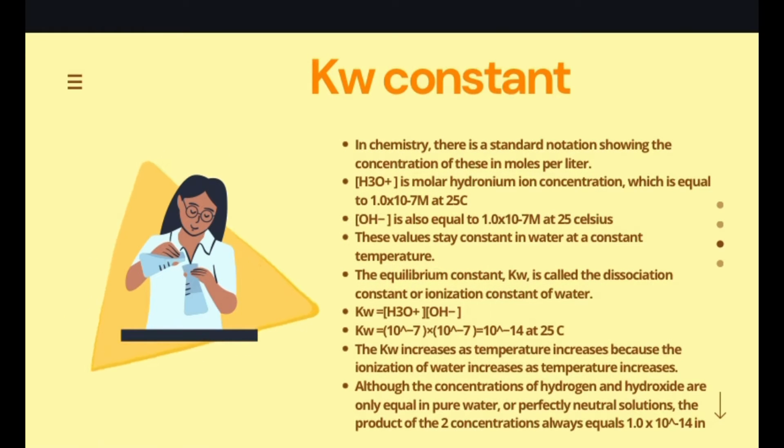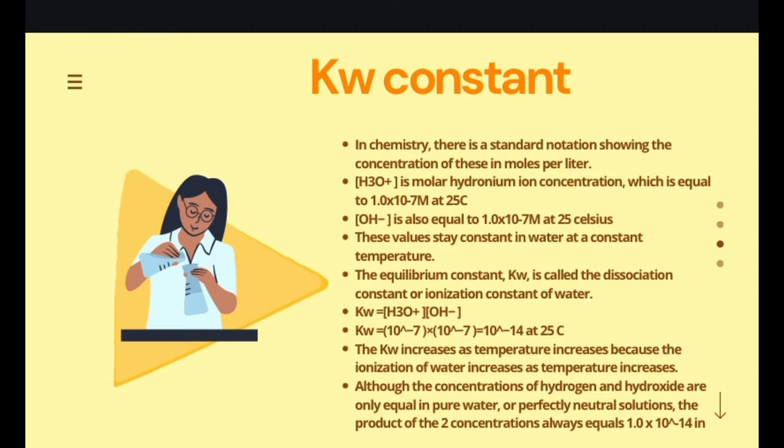Then here we have the Kw constant. In chemistry, there's a standard notation showing the concentration of the hydronium and hydroxide moles per liter. First, the hydronium molar ion concentration is equal to 1 × 10 to the power of -7 M at 25 degrees Celsius, and hydroxide is also equal to 1 × 10 to the power of -7 M at 25 degrees Celsius.